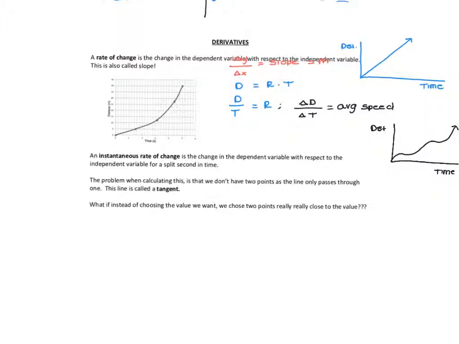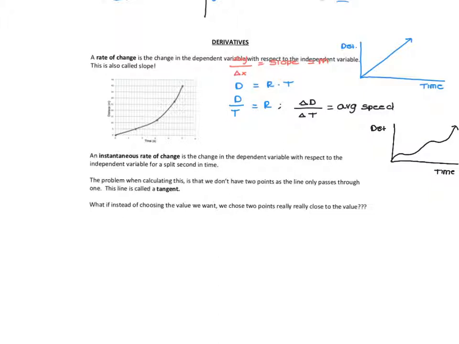Now, if we're just looking at the line, we just find the slope between 2 points and we find the slope of the graph. But with curves, your slope is different, right? Sometimes it's positive, sometimes it's negative. You speed up, then you slow down, right? We need a way to find the instantaneous rate of change. Instantaneous rate of change meaning what?